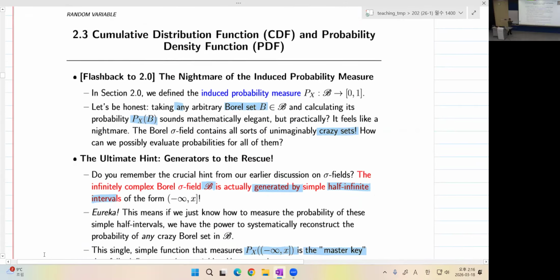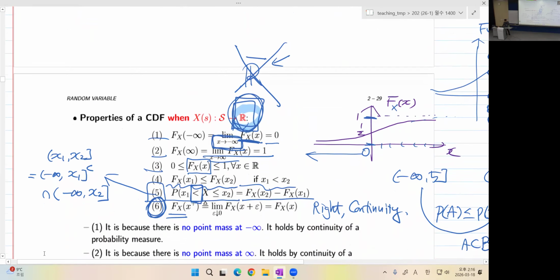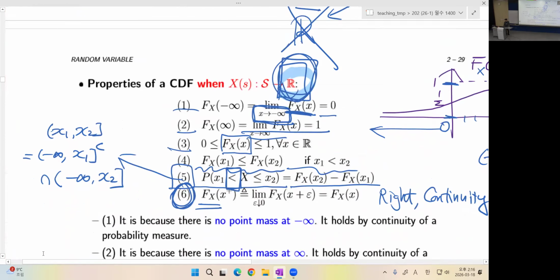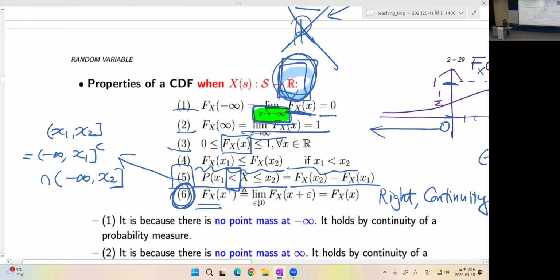And we see the properties of CDF. And CDF is very interesting in the sense that if you take the limit, x tends to negative infinity, then every CDF must converge to 0, if we do not allow point mass at negative infinity.